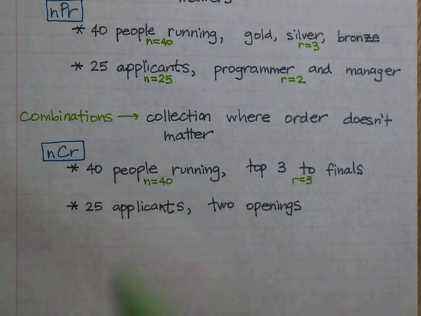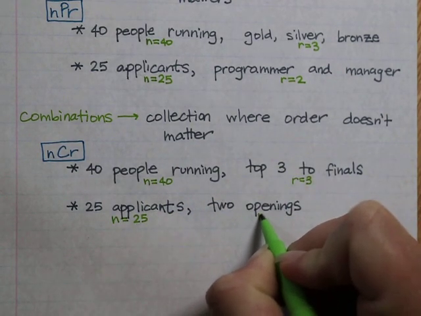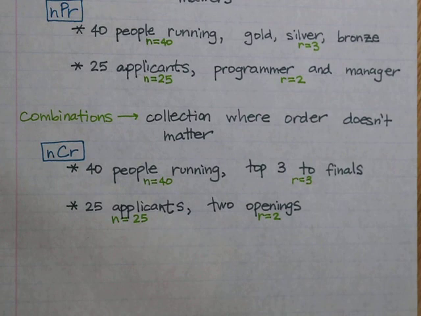So same value for n, same value for r as the one we did before, but just a little bit different in the sense of, hey, these 2 people are fulfilling the same job, there's no difference in the job, it is what it is, and so on. So that's kind of the difference between permutation and combination. We're going to use both throughout, and you'll get some good practice, and I promise I will show you how to use your calculator, so you will do great.